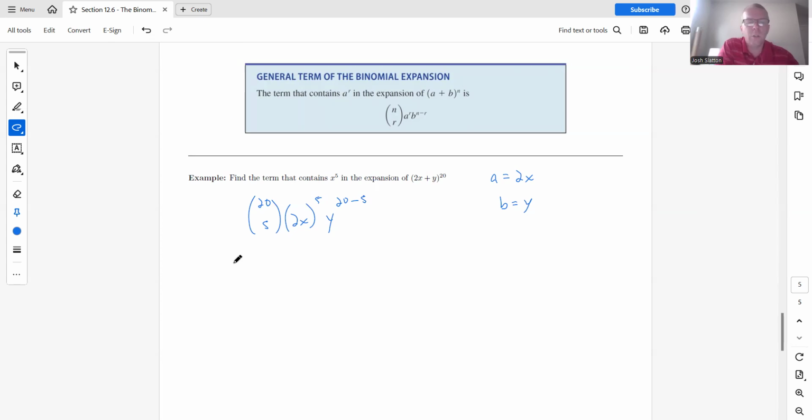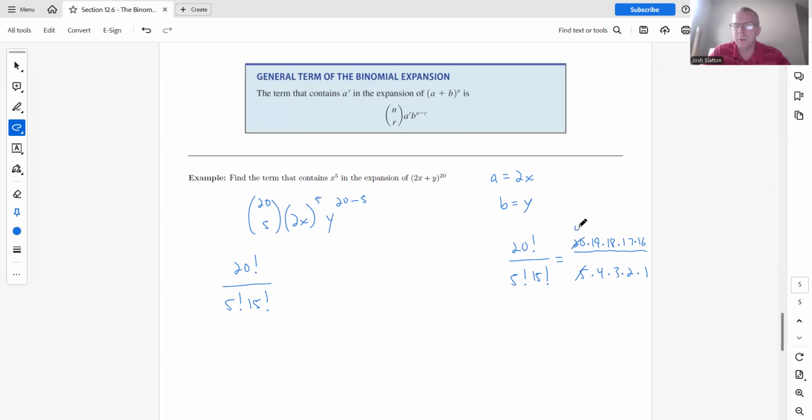So 20 choose 5, that'd be 20 factorial over 5 factorial times 15 factorial. We'll do this over here. So you can write this out, but you can stop at 16 because 15 and below will be canceled out with 15 factorial down here. And then here we have 5 times 4 times 3 times 2 times 1. And let's just see what we can cancel out.